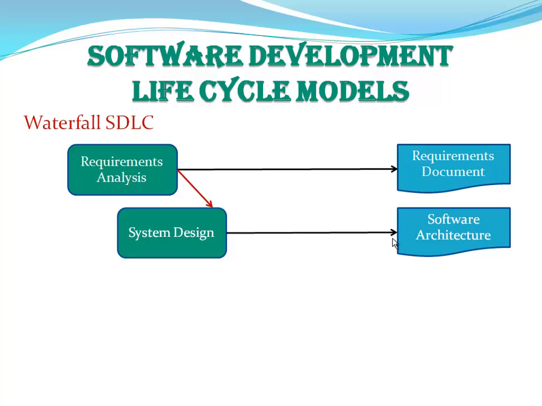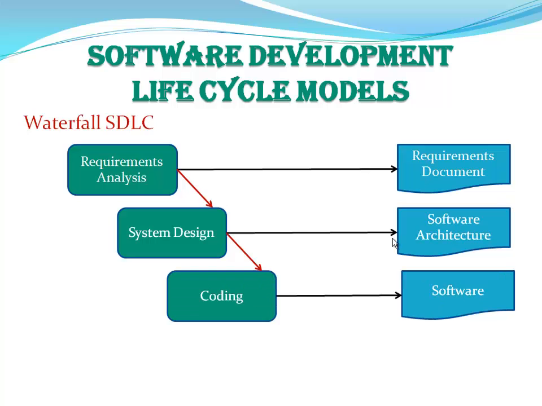Now once the design is complete, the coding can start. The coding is based on the software architecture that has been designed, and in coding the actual software code is written. The software itself will follow whatever software architecture and system specification has been decided, along with database structures, database tables, user specifications and the report specifications required.